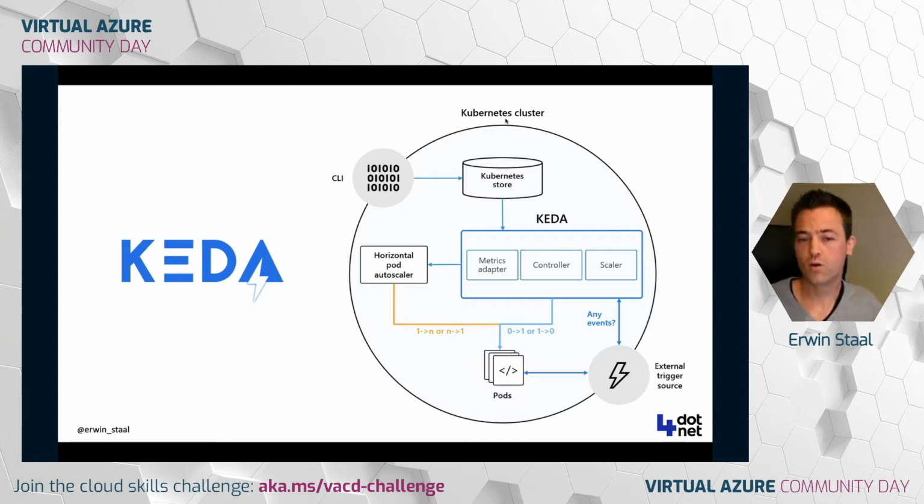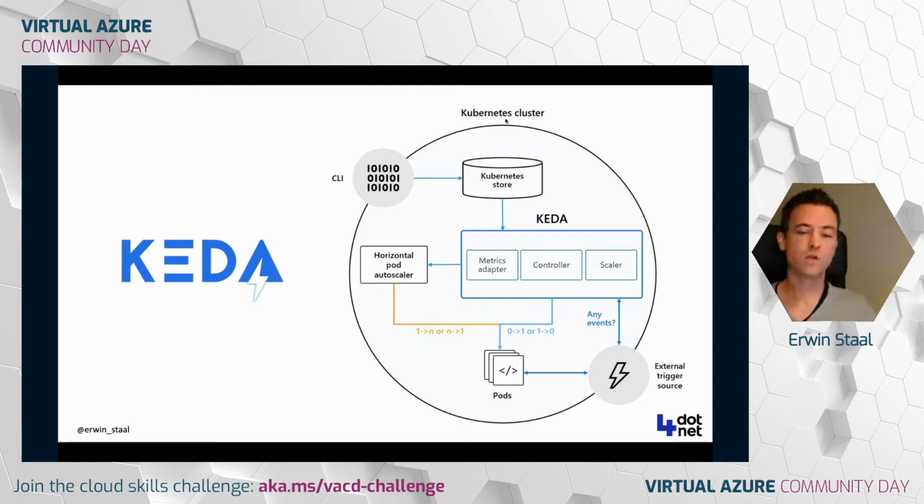As you can see, KEDA only consists of 3 components, and it really tries to leverage what's already in Kubernetes by default. So first of all, let's talk a bit about the scalers. The scalers are the little components that can read a particular event source.